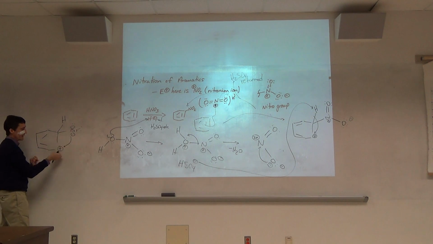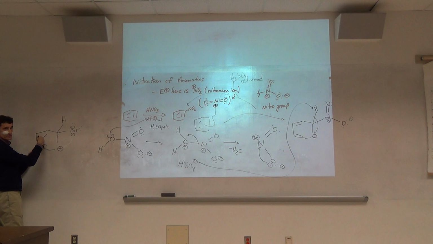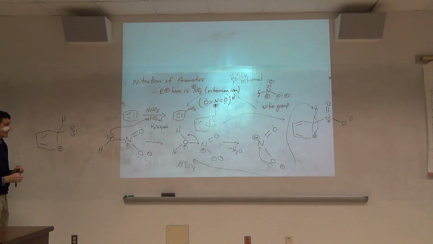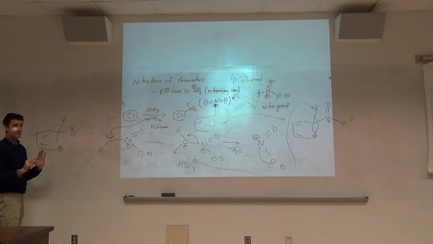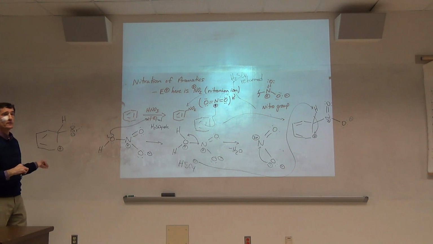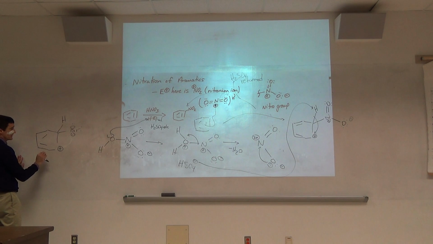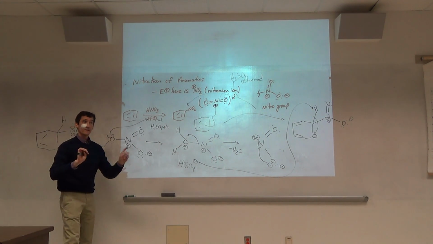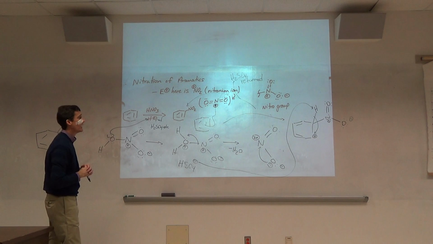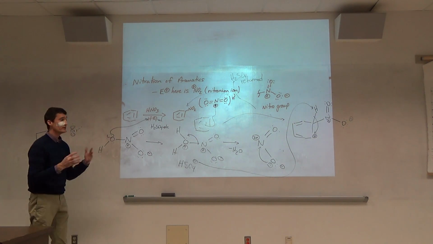This doesn't back bond because it doesn't need to. Why does it not need to? Because this is resonance stabilized. And because this is resonance stabilized, you typically don't get that back bonding, you don't get bromonium ions like you do when you just brominate an alkene. So while theoretically it could, it's never really shown. I don't know if it's been proved that it doesn't do that.